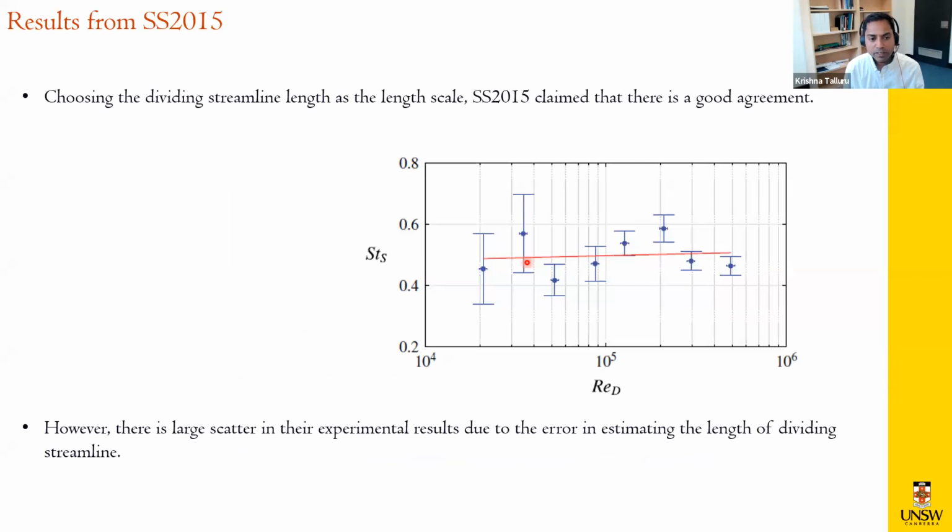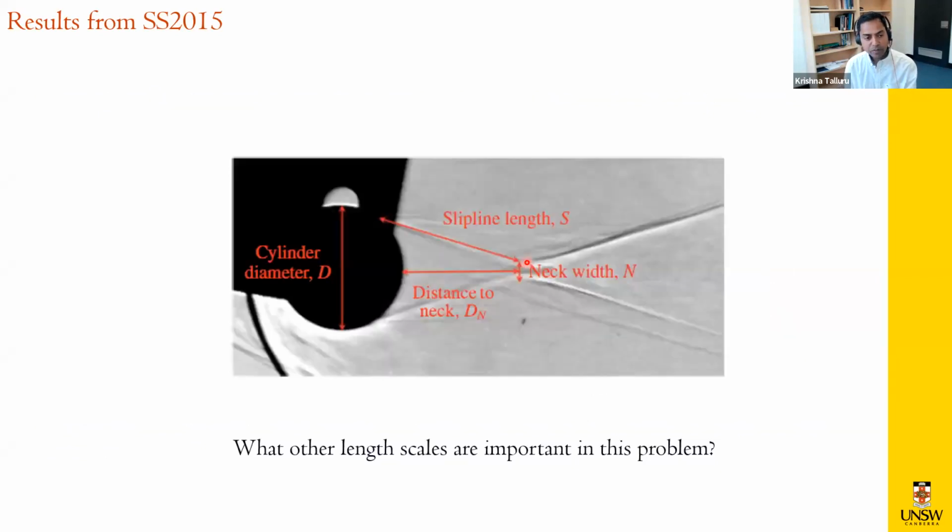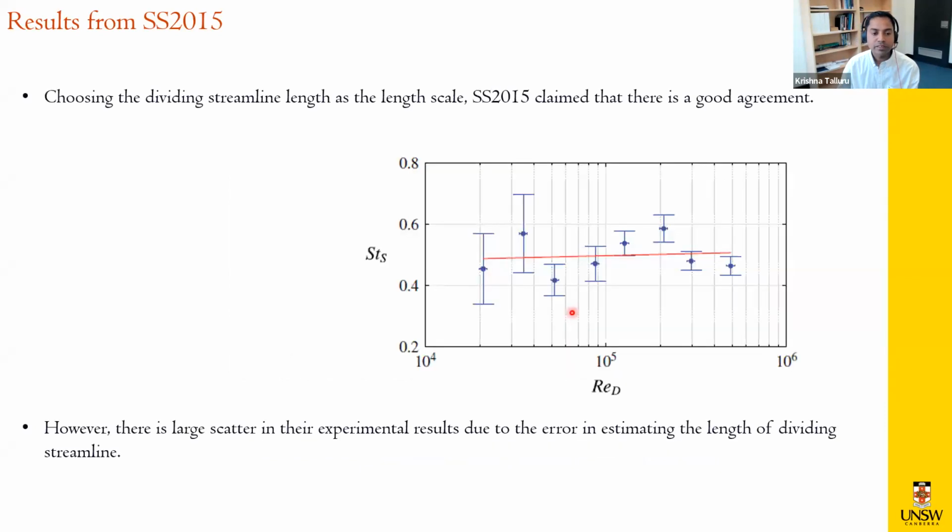So what they found, in their paper, they actually used the neck width and the slip line length as the reference length scales, and they used the free stream velocity or the pre-shock condition. And they say that they found some sort of scaling.